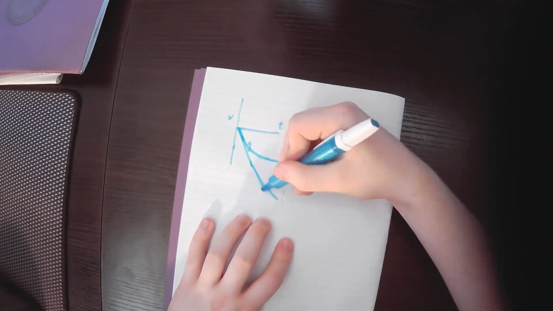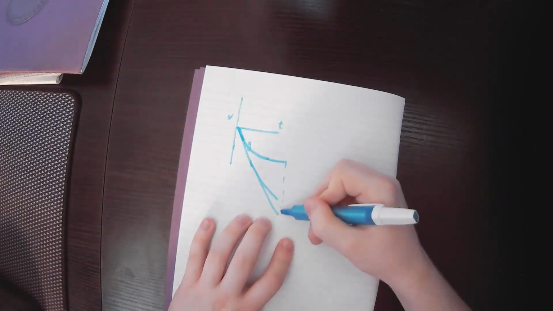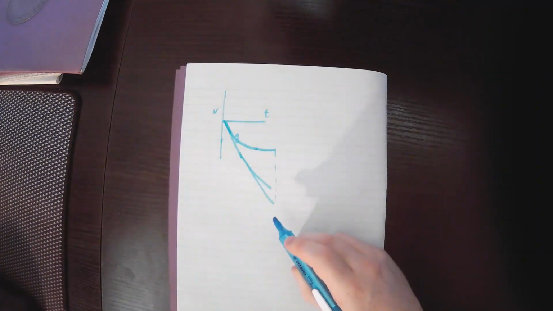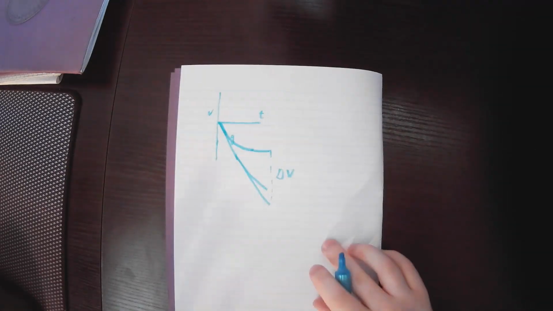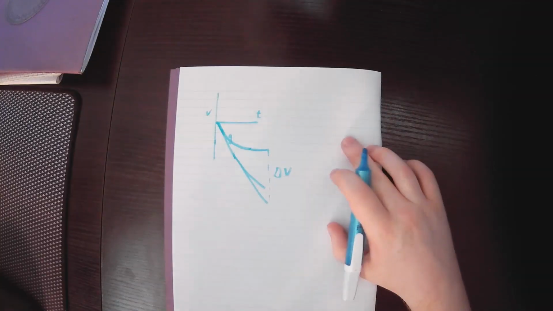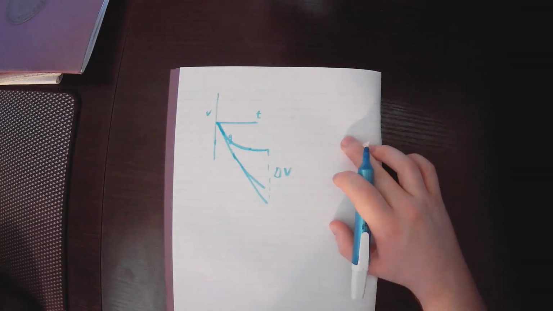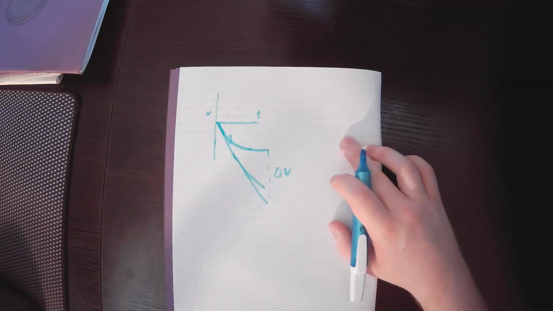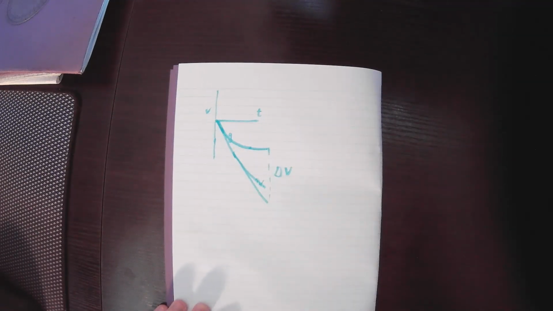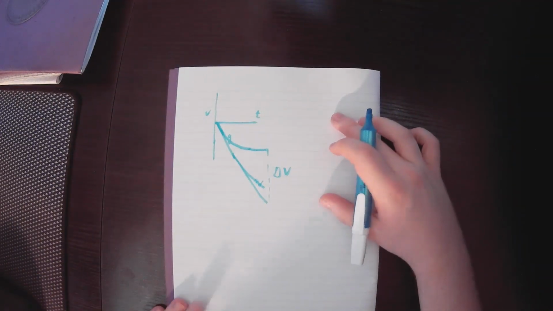Oh, that's not a very good straight line. That's a better straight line. That will be delta V. That's not like a part of the spec. I'm just saying there will be a difference in velocity due to this air resistance in comparison to the acceleration due to gravity under freefall.